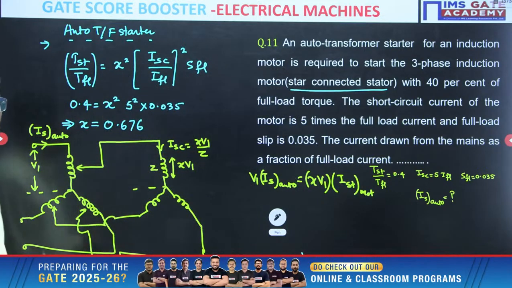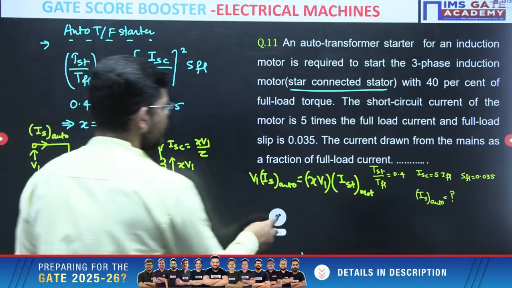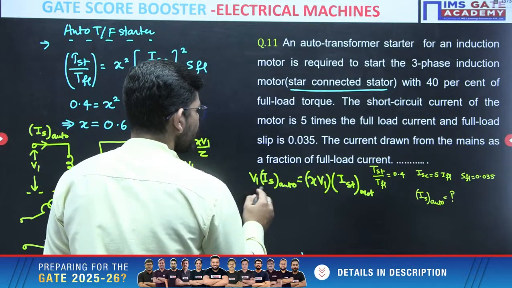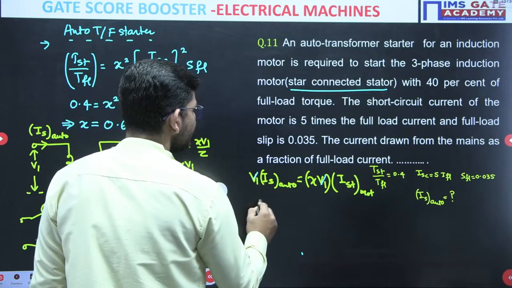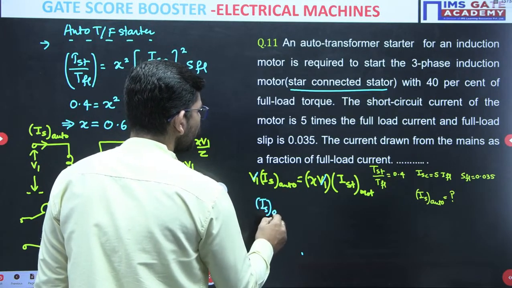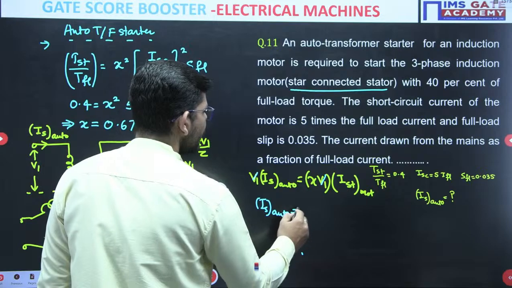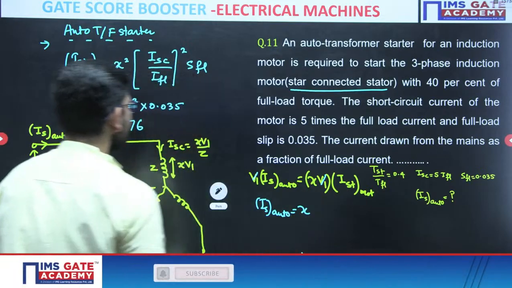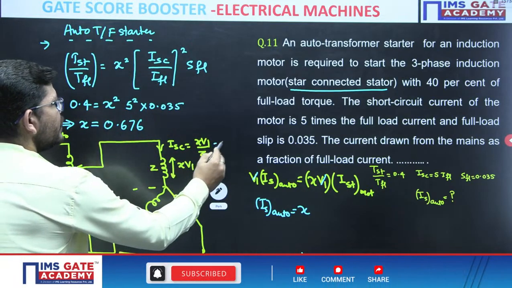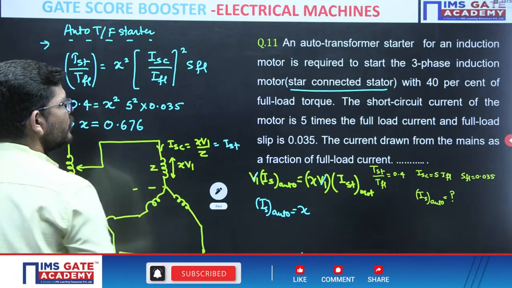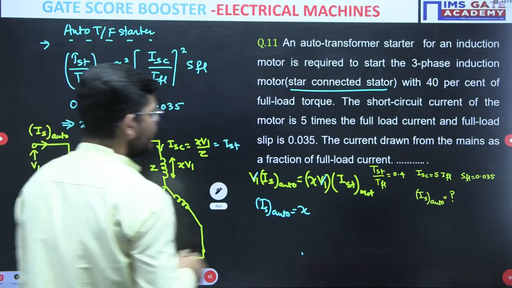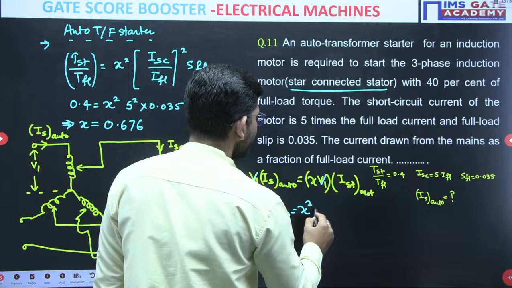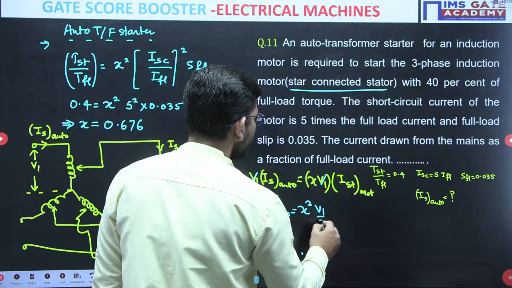In this way, if you will apply this, then see what will happen. So V1 and V1 you will cancel, and IS auto, this will be X times IST, and IST is basically ISC. So what you will be getting is X V1 by Z, okay. So you will get X square V1 by Z.